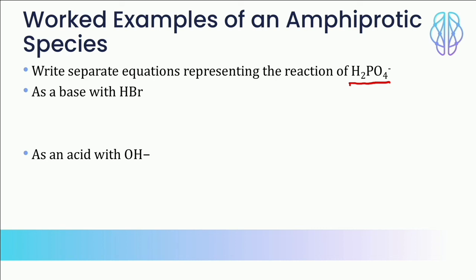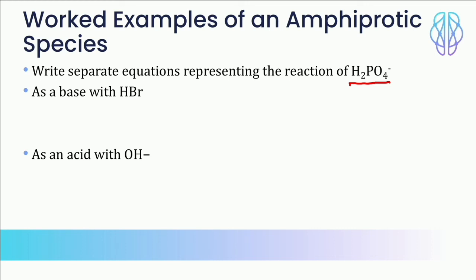Another example would be HCO3 minus, which is the anion of carbonic acid dissolving in water, or HSO4 minus, which is the anion of sulfuric acid dissolving in water. These are all examples of amphiprotic species. Don't forget, water itself can also act as an amphiprotic species.